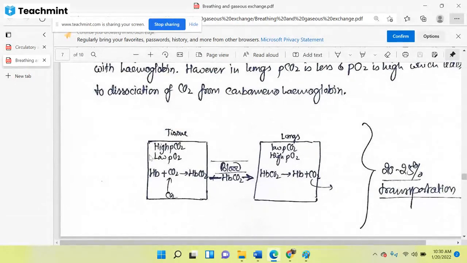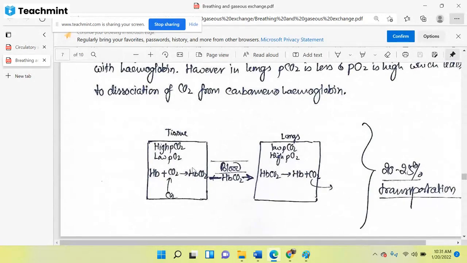Due to the high concentration of carbon dioxide and low concentration of oxygen, what will happen? When the amount of carbon dioxide increases, it promotes the binding of carbon dioxide with hemoglobin, and hemoglobin binds with carbon dioxide and finally forms carbaminohemoglobin.